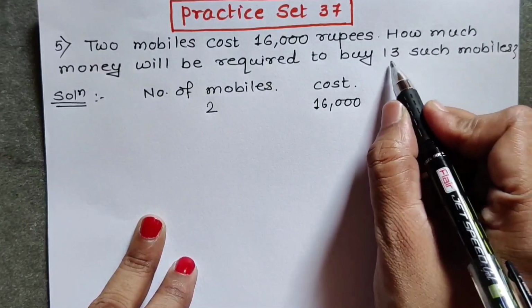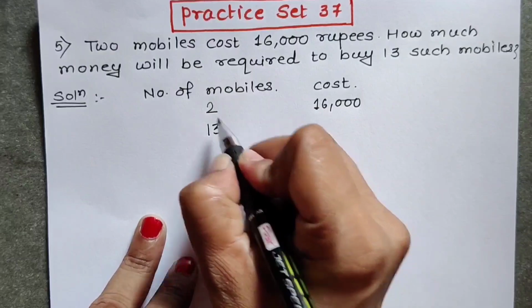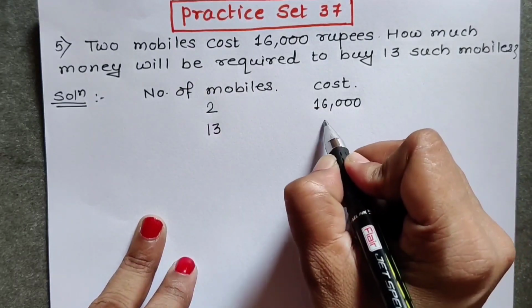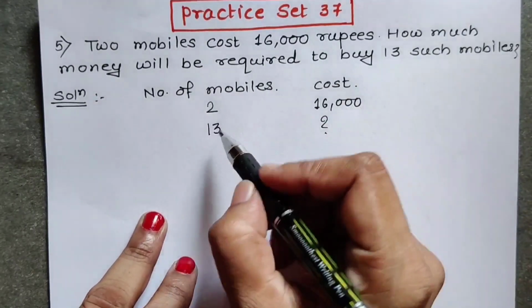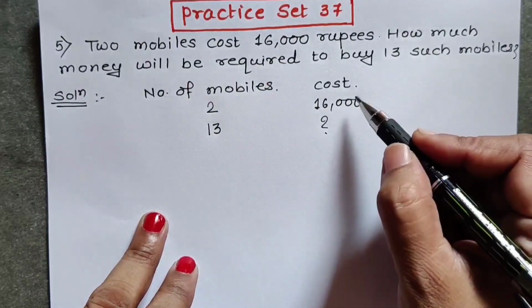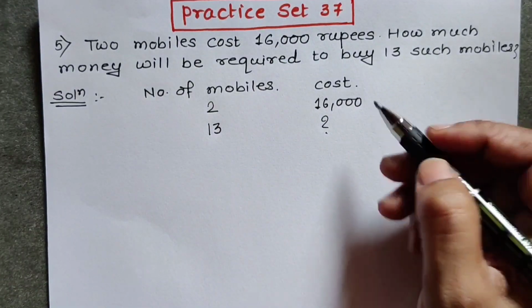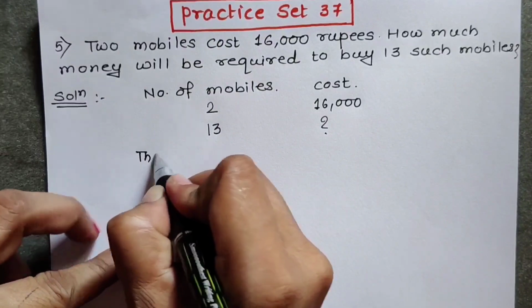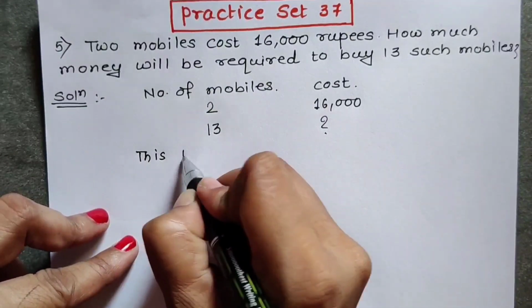Now when the mobiles become 13, that means the number of mobiles are increasing. We have to find out the cost. So see children, when the number of mobiles are increasing, automatically cost will also be increasing. That means this is an example of direct variation or direct proportion.